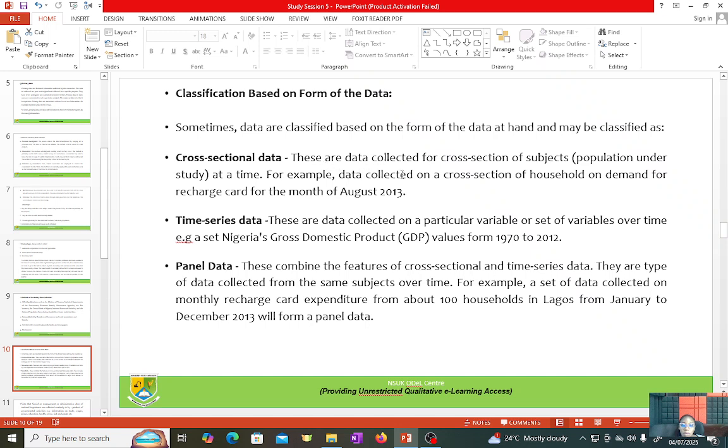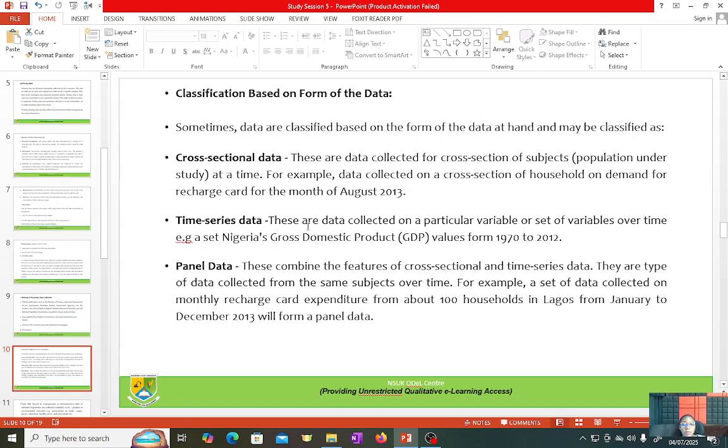These are data collected from a cross-section of subjects, that's a particular population under study at a time. For example, data collected on a cross-section of households on demand for recharge card for the month of August 2013 is an example of cross-sectional data.